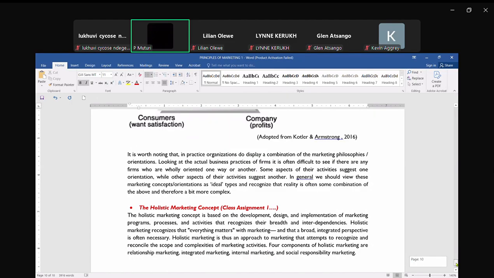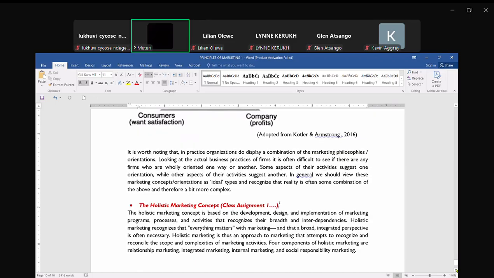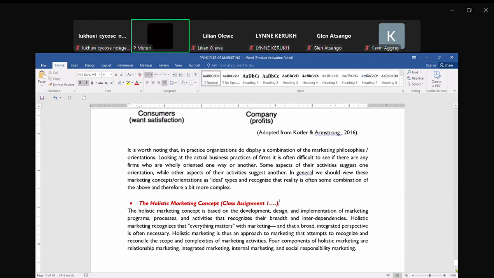Those are 3 key components, or rather 4. It has 4 components, but I would want you to unpack that as you do that assignment. You will unpack the holistic marketing concept.